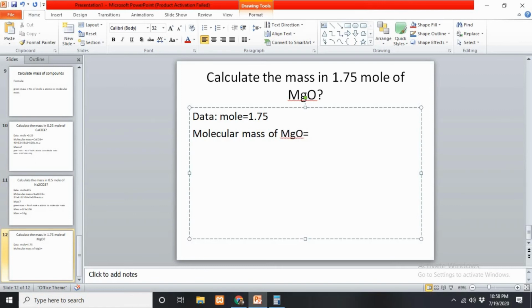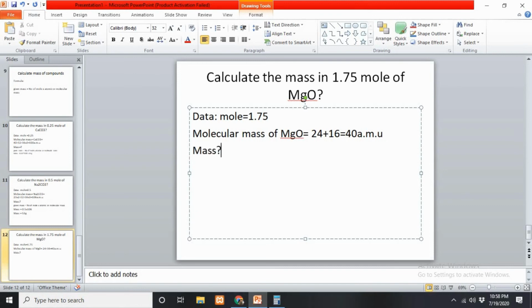Mg means magnesium, and magnesium has the mass number of 24, plus oxygen 16. 24 plus 16 is 40 AMU. The molecular mass of magnesium oxide is 40 AMU.